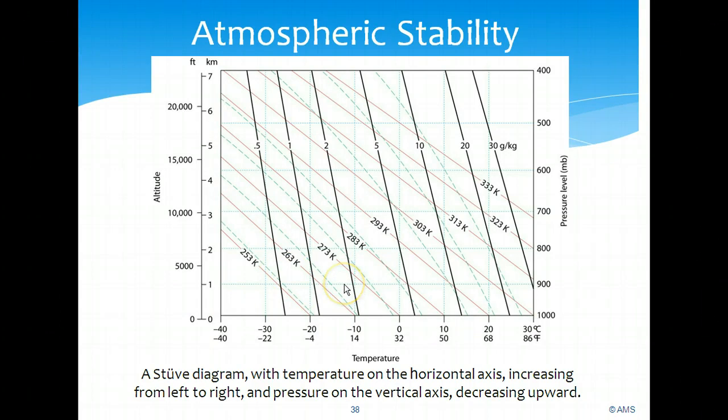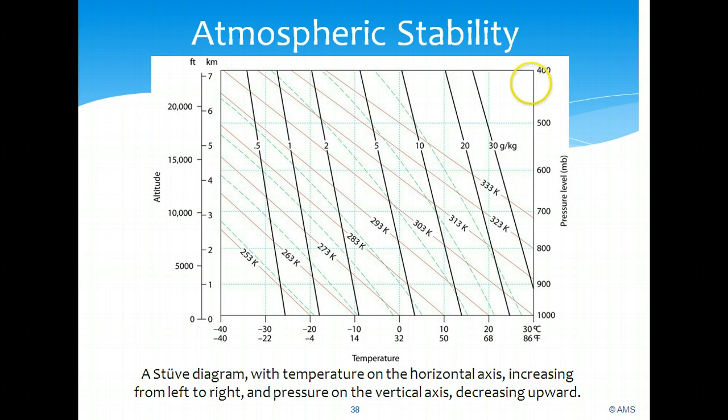Coordinates on this diagram consist of the temperature in degrees Celsius and Fahrenheit, increasing left to right. We also have pressure in millibars on the right vertical axis, decreasing as we go up, as you can see, less pressure as we ascend.